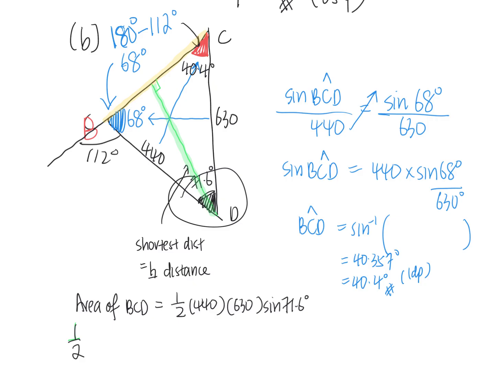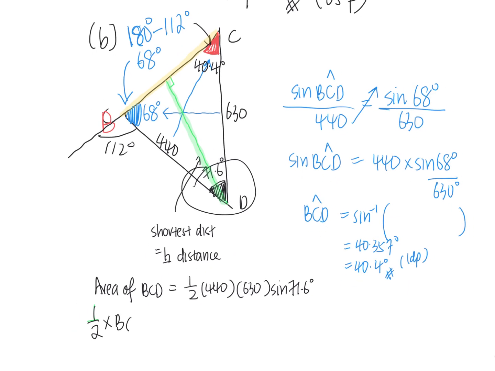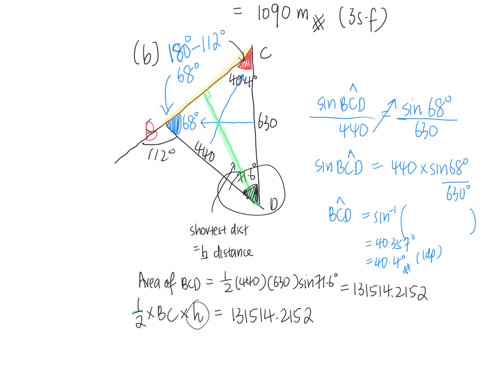Okay, we find BC. I use cosine rule. This one is 131514.2152. Very big number. But this is the base, and this is the height that I want to solve. But before I can do that, I need to solve for BC first. So how to find BC?